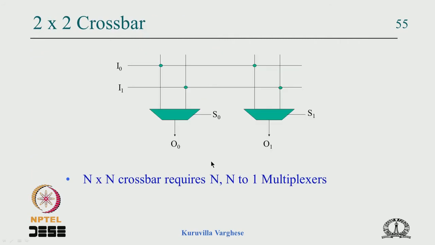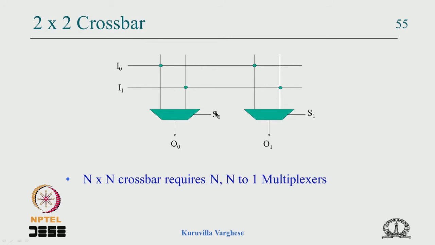So I am showing an example of a 2 by 2 crossbar. You have two inputs I0 and I1, and outputs O0 and O1. The requirement is that any of the inputs should be connected to any of the outputs. So you put a 2-to-1 mux for each output with a select line, and the inputs are connected to the two mux inputs.